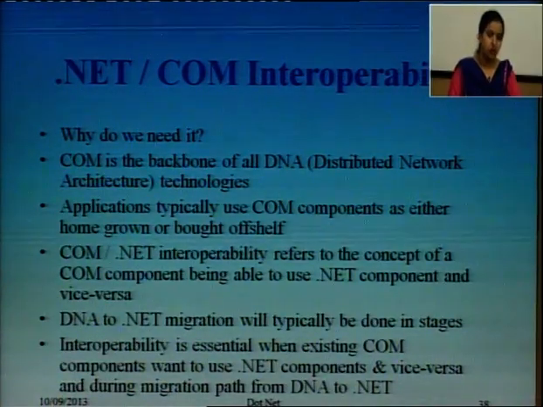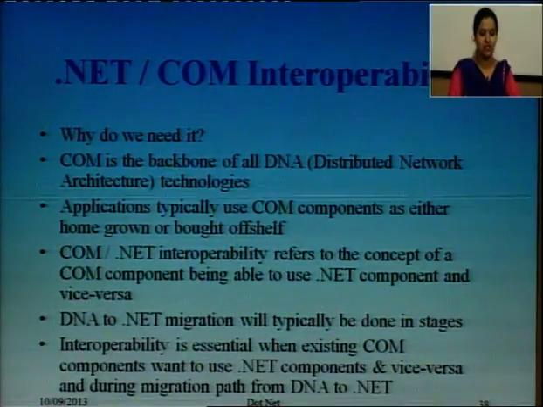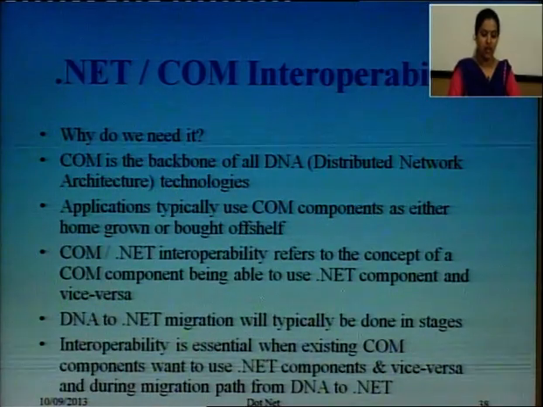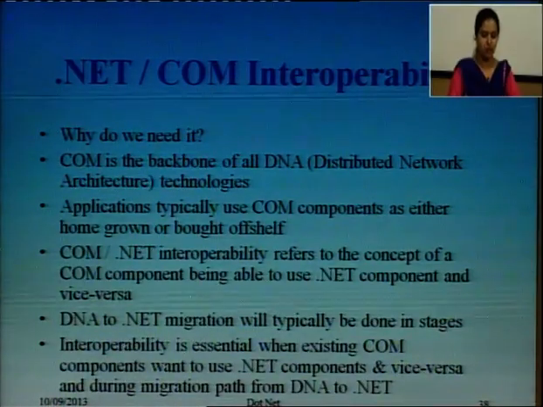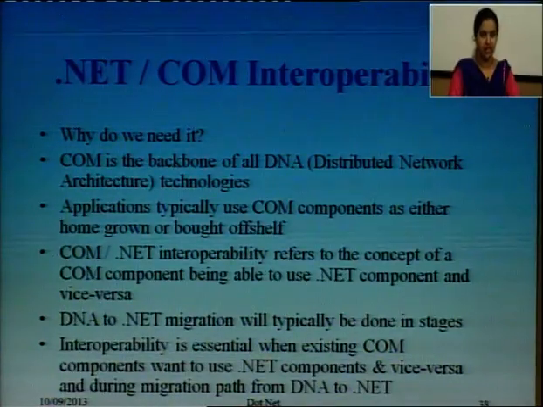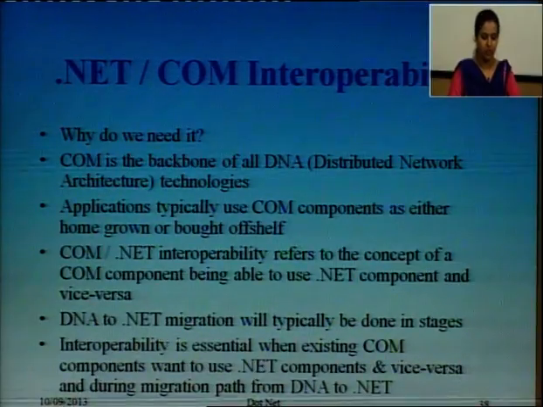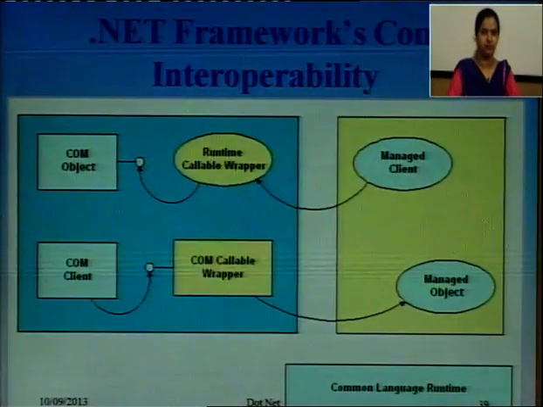COM has some drawbacks because the Microsoft COM standard was developed for use on small systems with limited memory running Microsoft Windows, and dynamic link libraries were shared between applications to save memory. Besides, there is the registration logistics needed to make DLLs, that is dynamic link libraries, work at all. So, COM components could be rendered inoperative by various issues. So, we have to go for .NET.